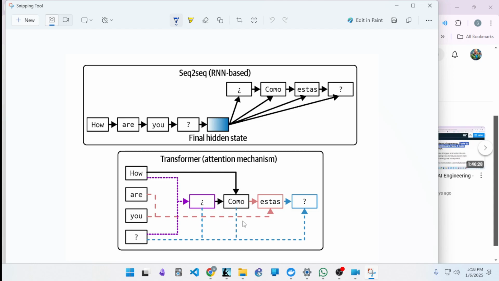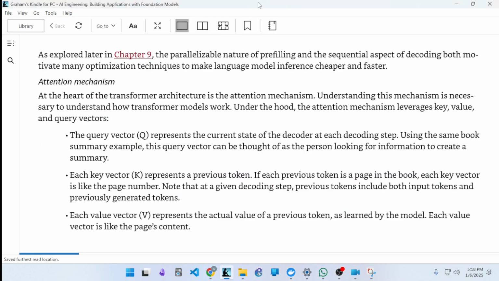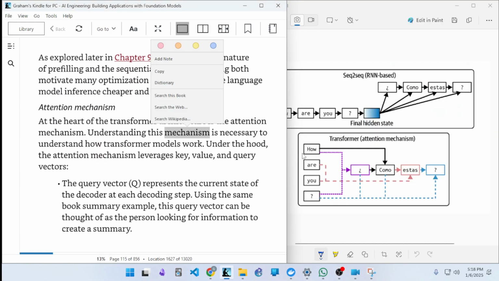No, we don't. But we do see different lines here, line colors. So I would guess that that would perhaps correspond to each of those vectors.